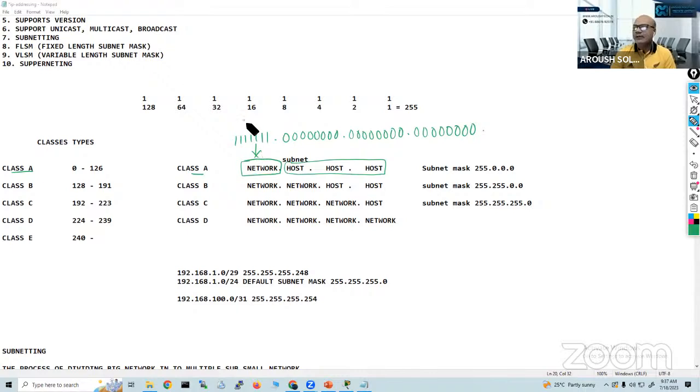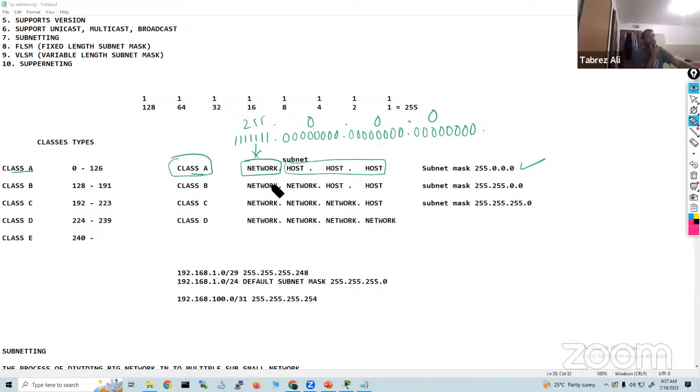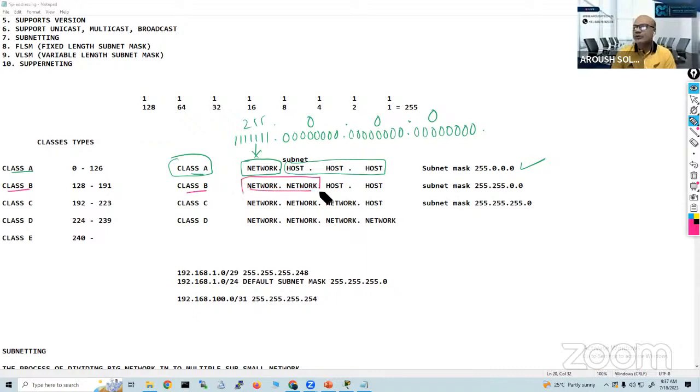When you add them up, it becomes 255.0.0.0, which belongs to class A. Same thing for class B: the first 2 octets belong to your network. Same for class C: 3 octets belong to your network, and when all those bits are high, it is 255.255.255.0.